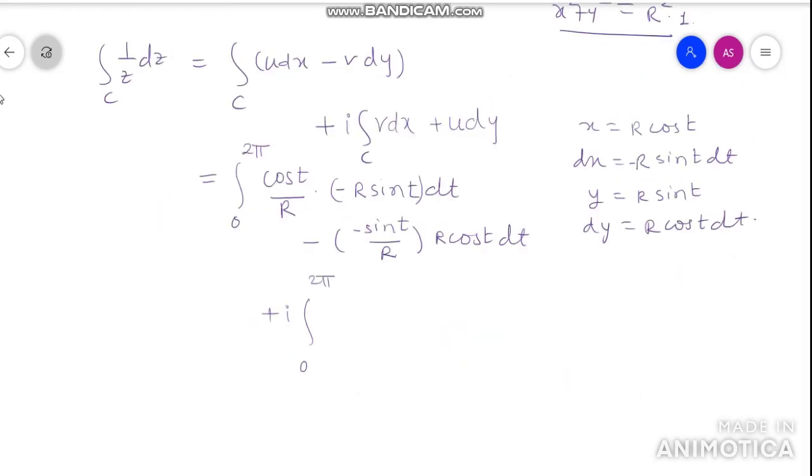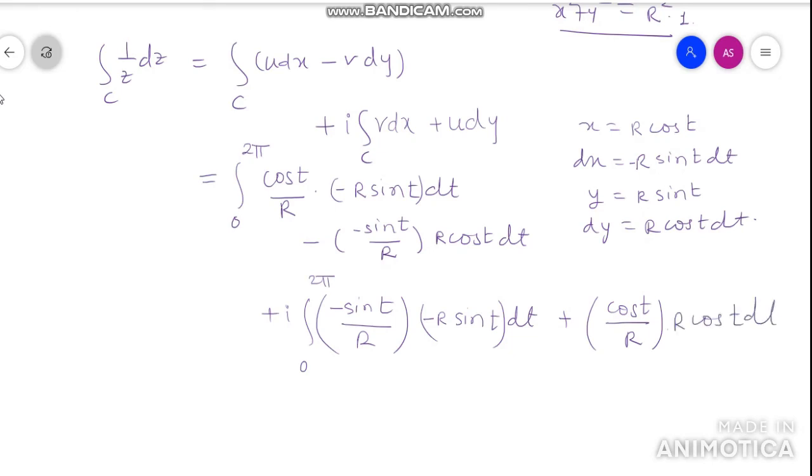Next, now v dx, v is nothing but minus sin t divided by r. So this is v. dx is nothing but minus r sin t dt, plus u is nothing but cos t by r into dy. dy is r cos t dt.